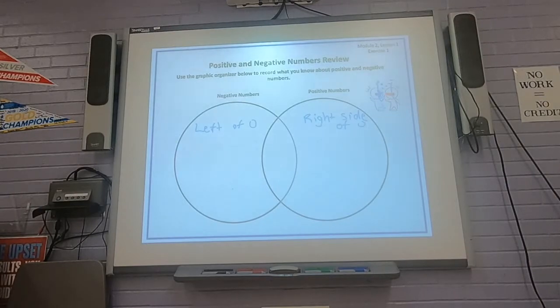Words that you usually see associated with negative is like lose, they lose yards, or you could lose money. Temperature might decrease or it goes down. So negative numbers have a negative in front of them. There's a bunch more. Positive numbers, you do not have to put the positive in front of it. You can just write the number.